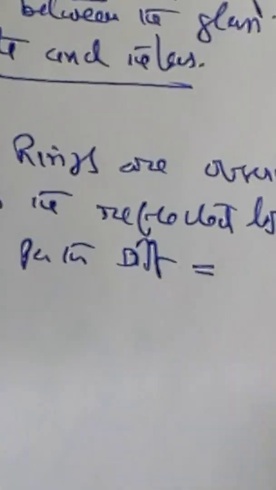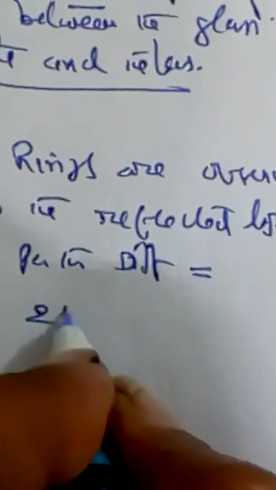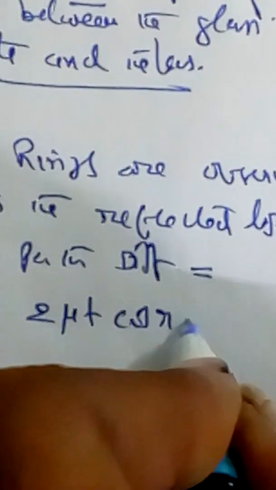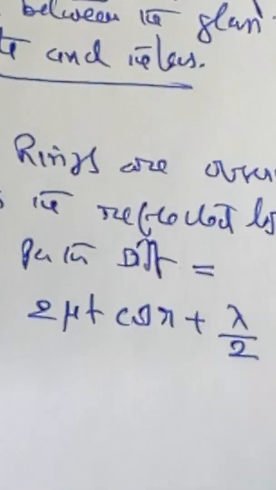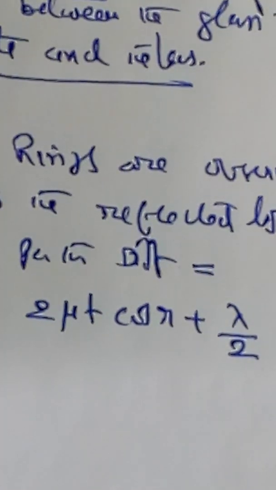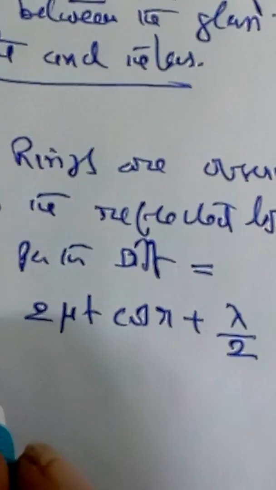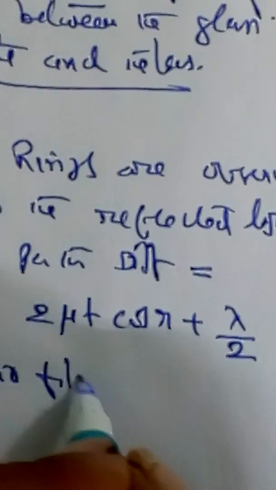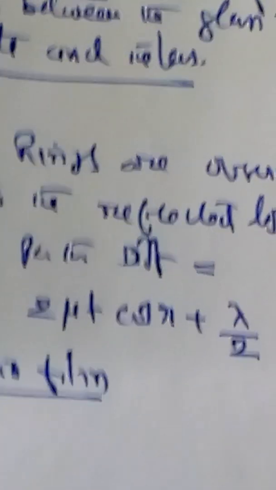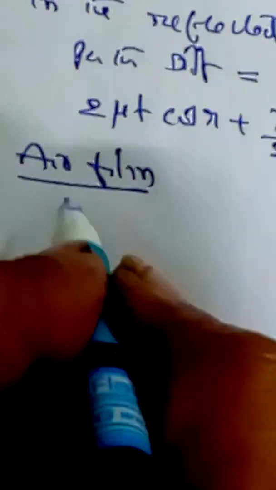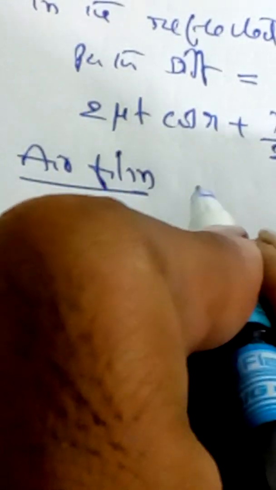Path difference is equal to 2 mu t cos r plus the additional change, that is path difference lambda by 2. Now you are talking about an air film. When I say air film, automatically mu is equal to 1.